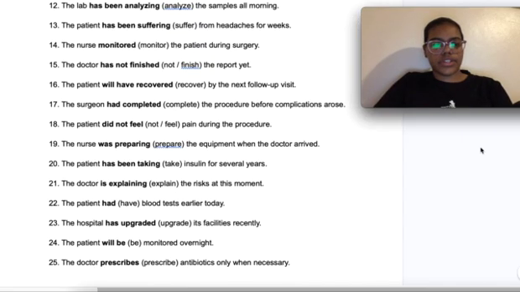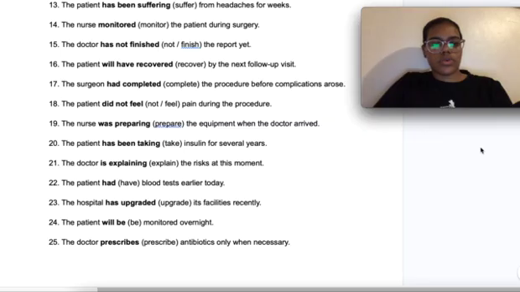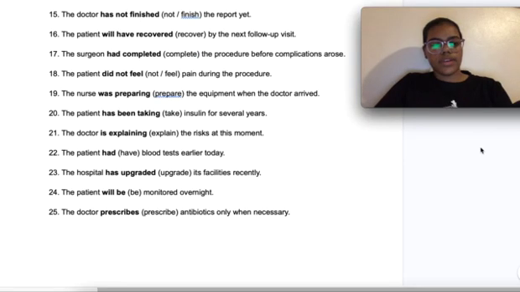18. The patient did not feel pain during the procedure. 19. The nurse was preparing the equipment when the doctor arrived. 20. The patient has been taking insulin for several years. 21. The doctor is explaining the risk at this moment. 22.